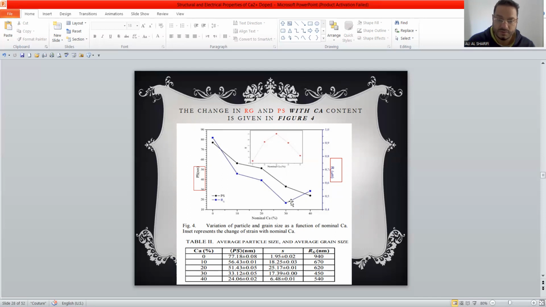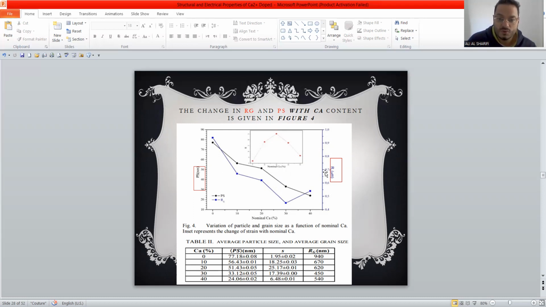The lower one at 30% equals approximately less than 20 nanometer. But here we have a hysteresis phenomenon. At 40, we will note some increase in the particle size to reach approximately 30 nanometer.